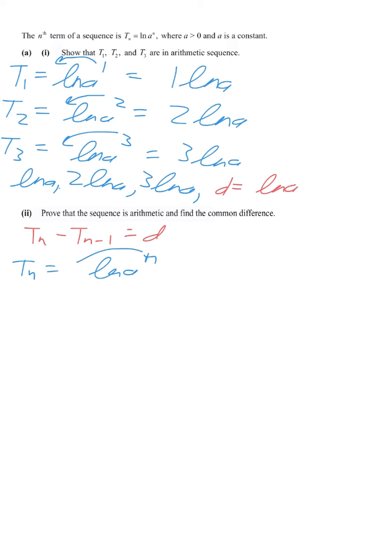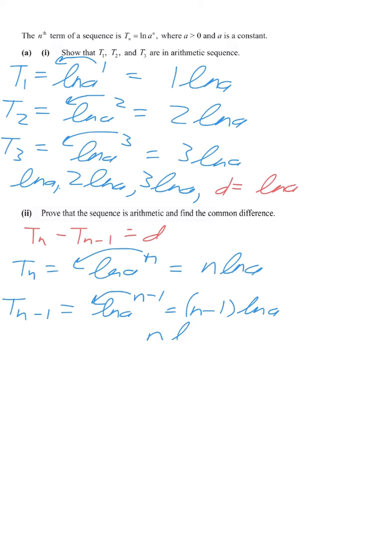We can bring the n down, so that's equal to n ln a. For Tn minus 1, that'll be ln a to the power of n minus 1. Bring that down, so we have n minus 1 times ln a. Now I can expand that out to make it n ln a minus ln a.